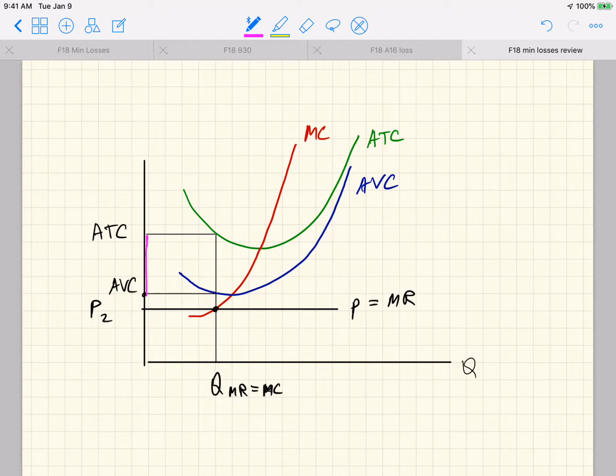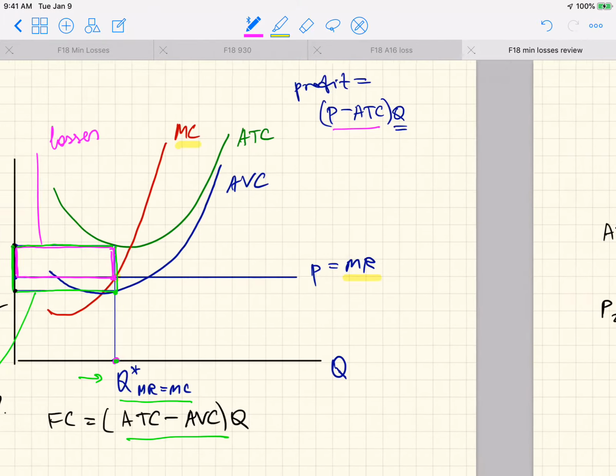So which means it's this distance, this difference, times Q. So this box is telling us how much we will be losing when we are producing at Q where MR meets MC.